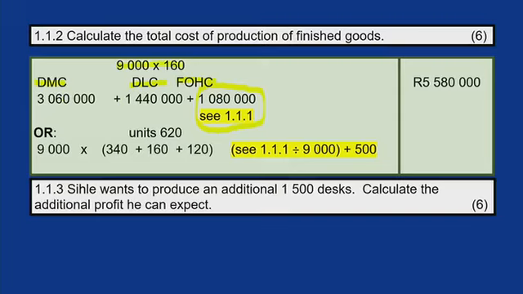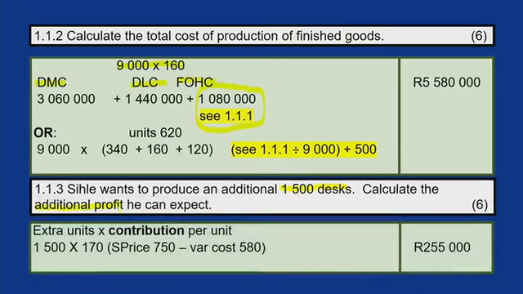The next question, you must be able to not only work out break-even point, but if you make more, how much extra profit will you make? Now, you have to understand what contribution means. If you don't know yet, I put my notes here on the side, so let me just get it again. We're making and selling desks.